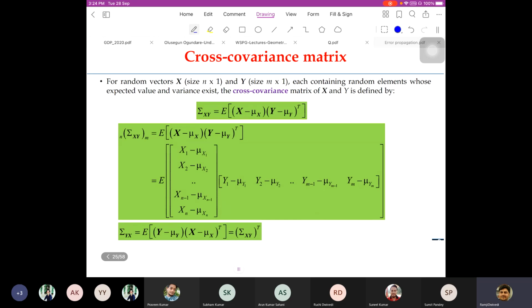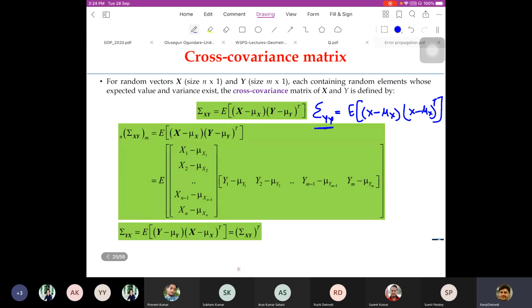How were you writing the expectation for yy? I'm just writing it again for your better understanding. Expectation of x minus mu x, and then again x minus mu x transpose. That's how you were writing for sigma yy, isn't it?